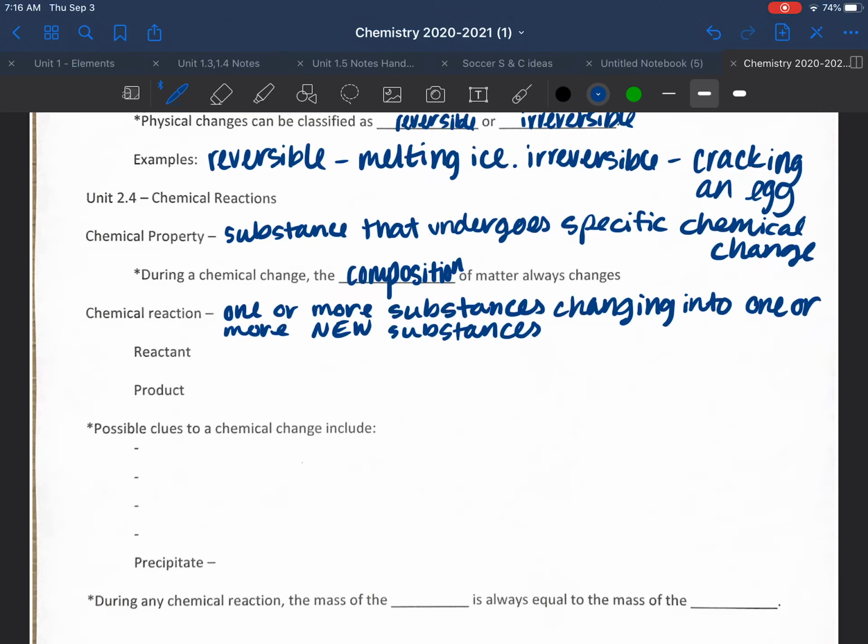And so in a chemical reaction, there are two main terms that we have to know: reactant and product. So a reactant is what reacts. So this is defined as present at the start of the reaction.